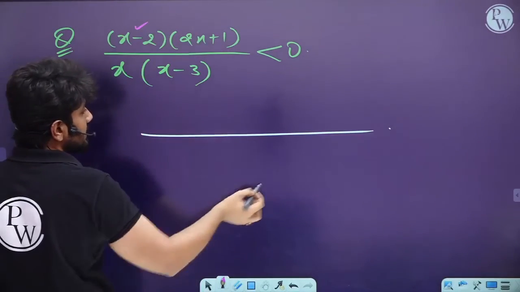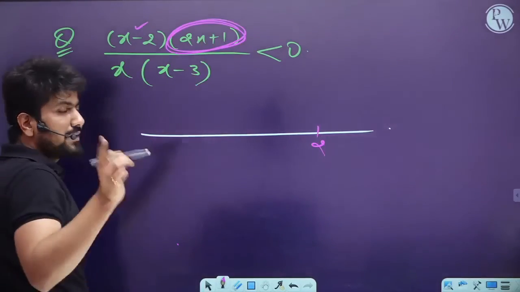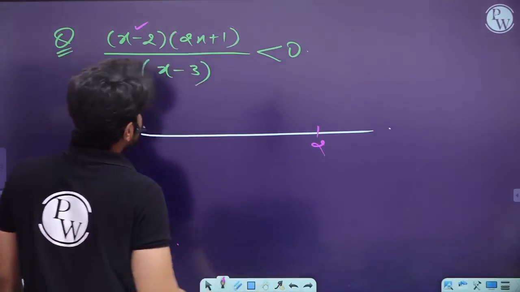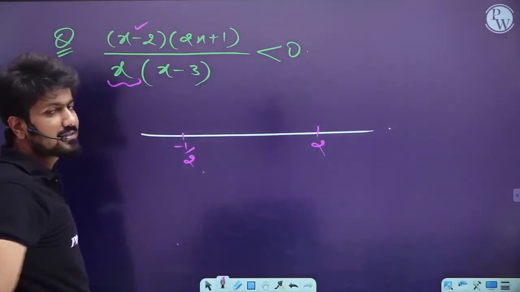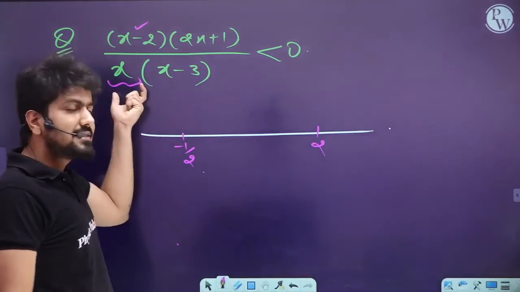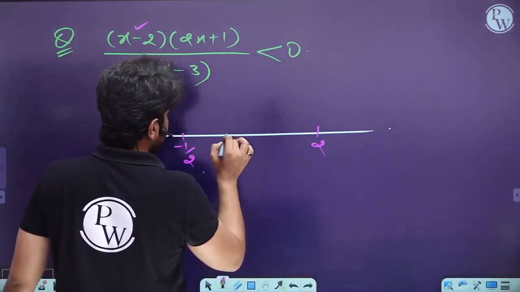x minus 2, its critical point will be 2. 2x plus 1 becomes 0 at minus 1 by 2, so its critical point will be minus 1 by 2. Then we have the factor x, which changes its sign at 0 only, so its critical point is 0.